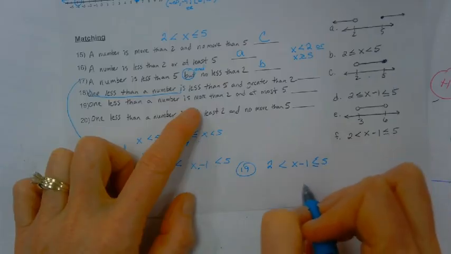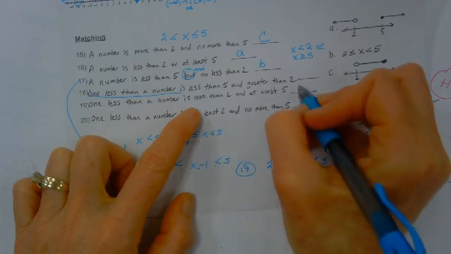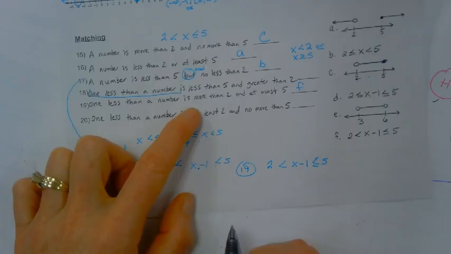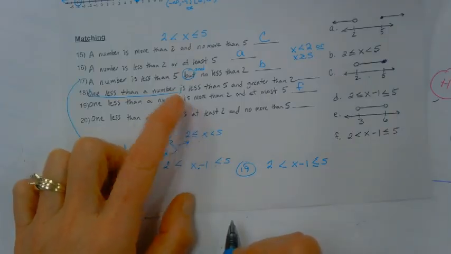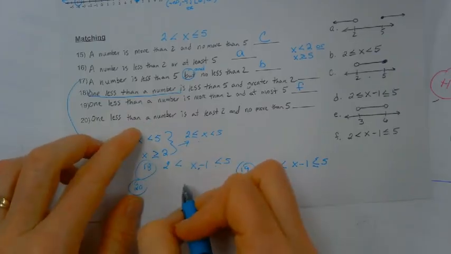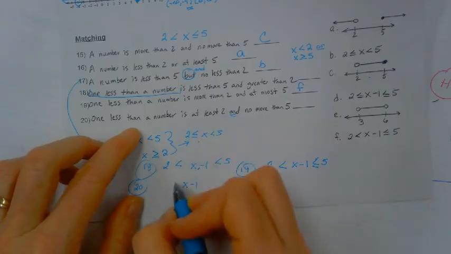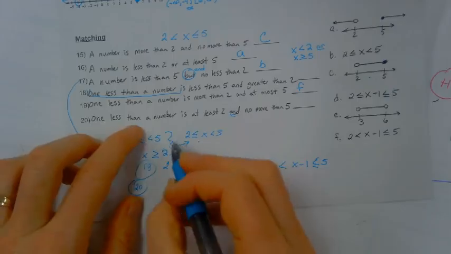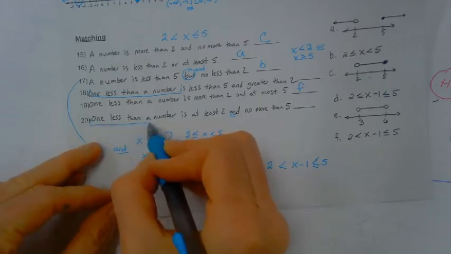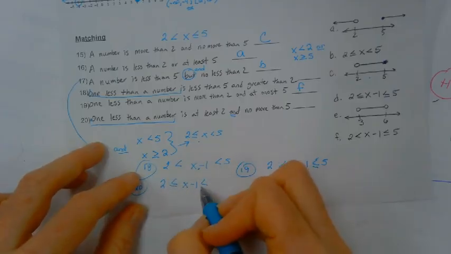It's letter F. All right, let's do number 20. 1 less than a number. This is also an and. See the and? Okay, 1 less than a number, x minus 1, is at least 2. So it's greater than or equal to 2. And it's no more than 5, so it's less than or equal to 5. So that one is letter D.